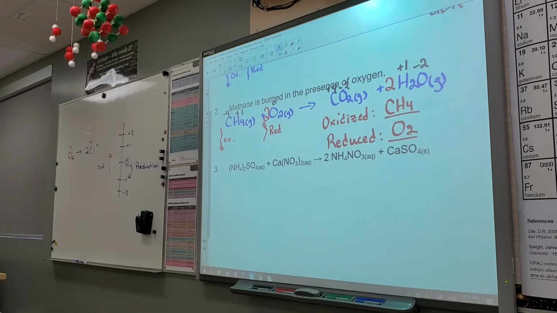Split up each ion. Yes. And how many ions are there? Two of them. Okay, let's look at an NO3 ion. So that means the whole thing is -1.